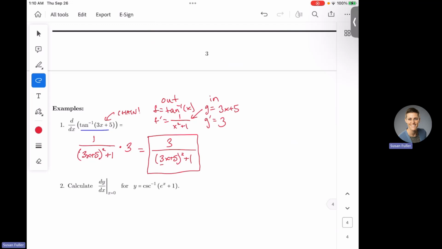All right, hopefully you have started to work on this. Now, to do the derivative of arc cosecant of e to the x plus 1, hopefully you identified that you have stuff inside an inverse cosecant. This is not just an x inside here, it's stuff, which means you need to apply, yep, the chain rule.